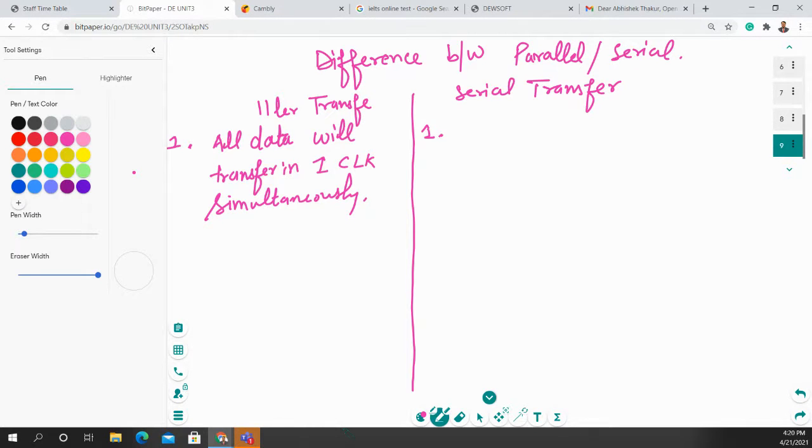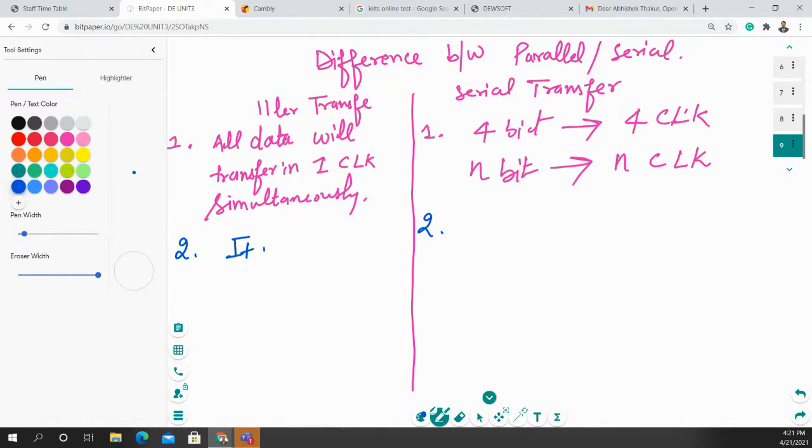In one clock pulse you will transfer all the data. For complete transfer of n bits of data, n clock pulses are required. Let's suppose that there are 4 bits, so you require 4 clock signals. If you want to transmit n bits, you have to have n clock pulses to transfer that data.